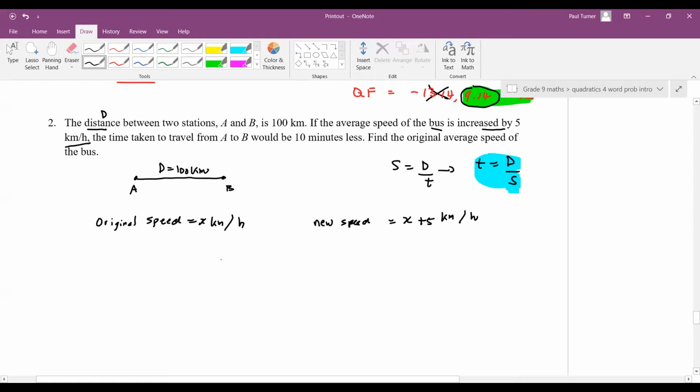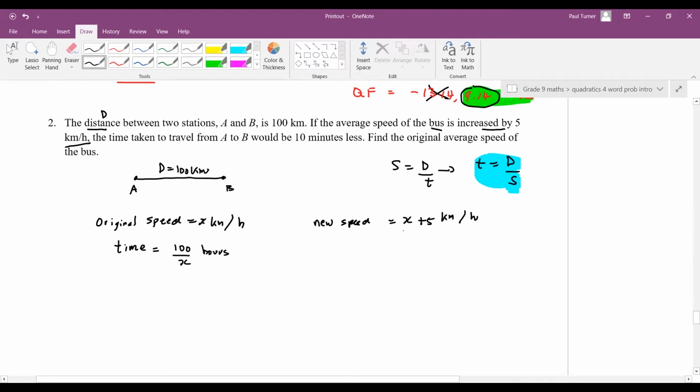Okay, and then we can calculate our times now. So our time would be distance on speed, and distance is all given, and it's the same for both parts. So that's 100 on x hours.